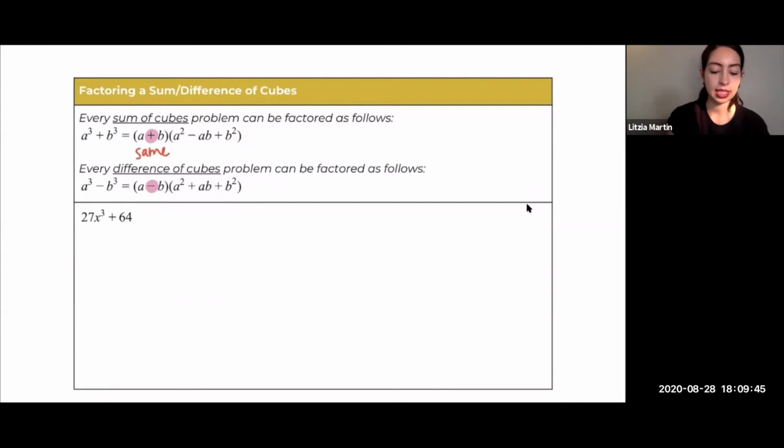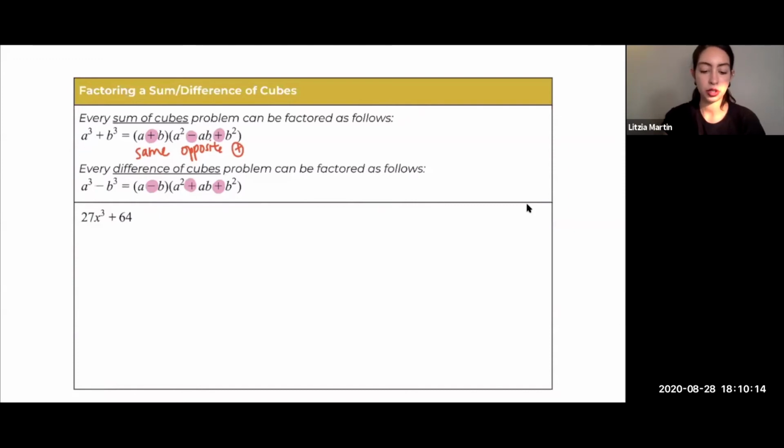And then this second sign here, this is always going to be opposite. This is just in case you want to really make sure you have this memorized, which you should, because you never know when it's going to come up. And then the last sign, it should always be positive. So we've got same, opposite, and positive.